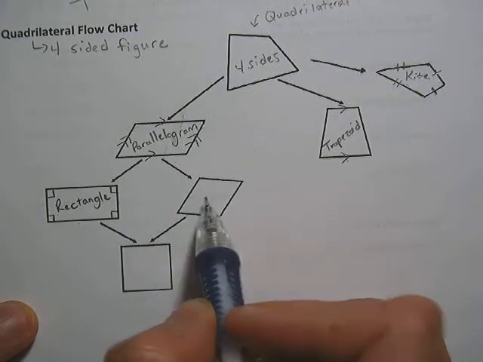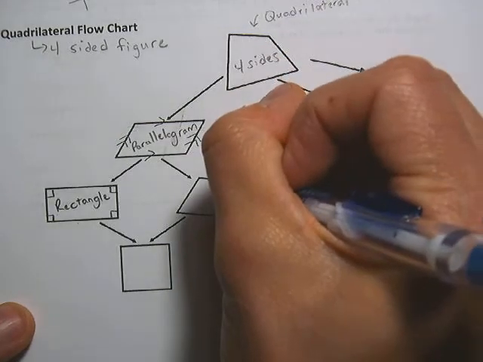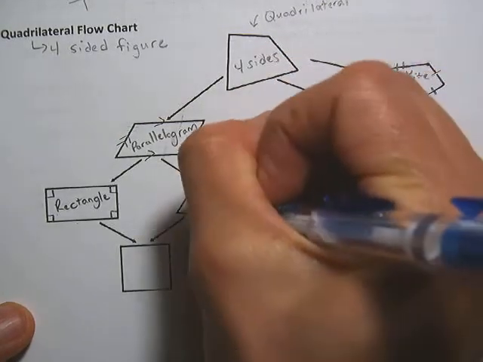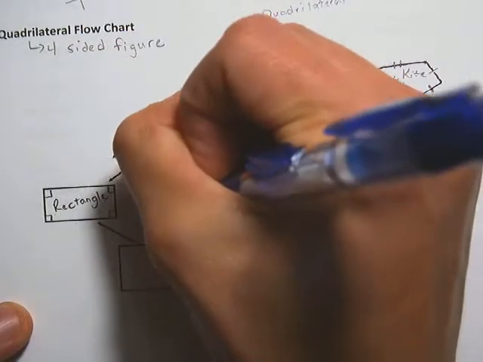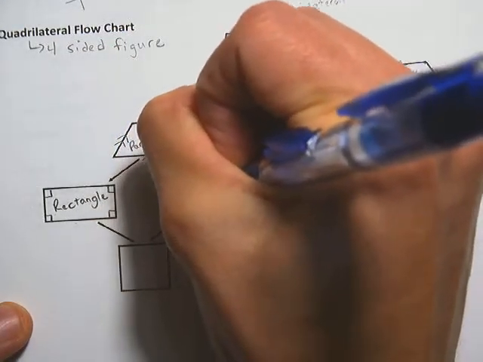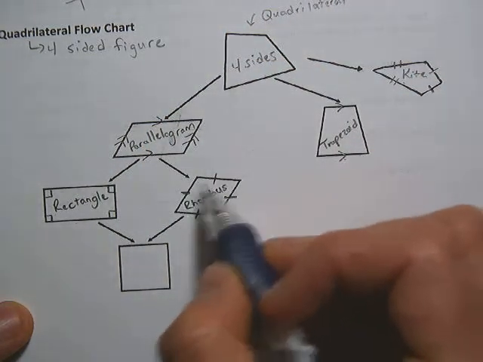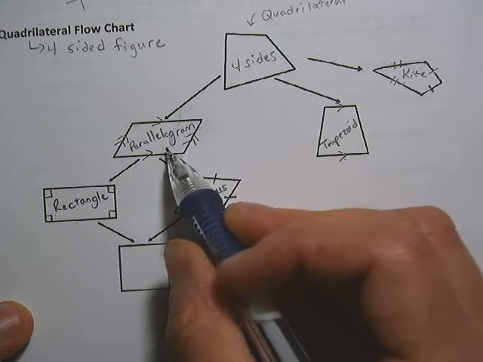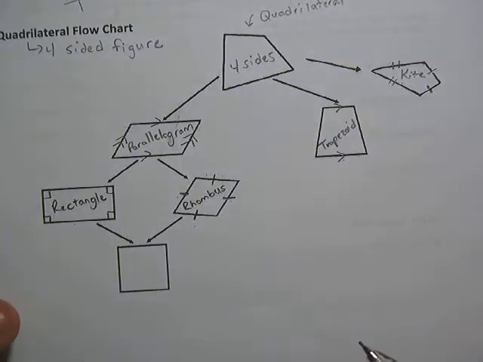Well, another more specific type of parallelogram you could have is if you find the lengths of all the sides and all of the lengths are equal, then that would be called a rhombus. It's still a parallelogram, but it's more specific because on top of the opposite sides being parallel, all the sides are actually equal. All right.